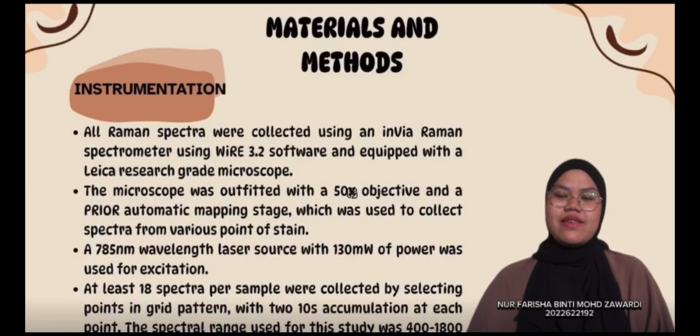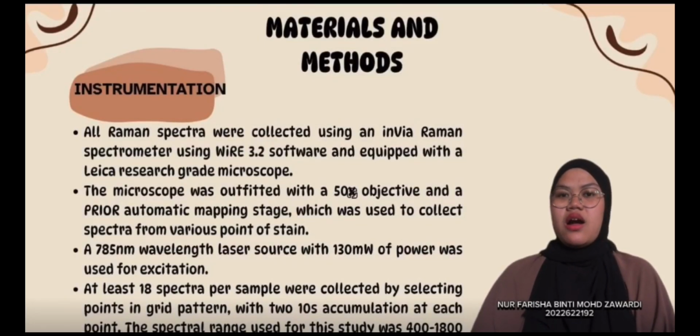Next is instrumentation. All Raman spectra were collected using an inVia Raman spectrometer using WiRE 3.2 software and equipped with a Leica research-grade microscope. The microscope was outfitted with a 50 times objective and a Prior automatic mapping stage, which was used to collect spectra from various points of the stain.